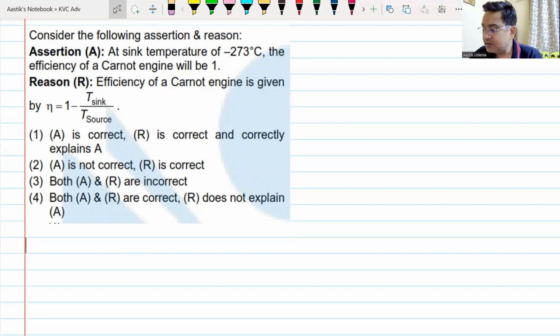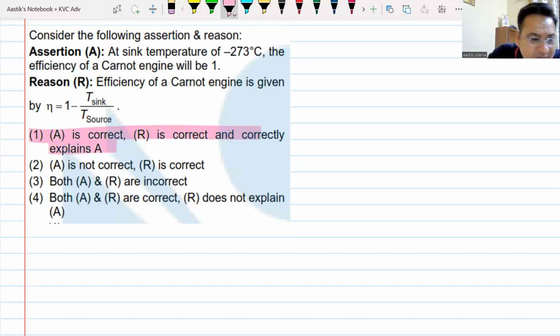Option 1. As you can see, straight away, it does not need any explanation. We have done a lot of questions on this. Yes or no? Yes. Do we understand this? Yes, sir.